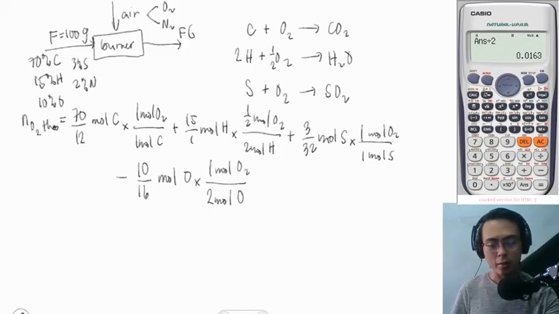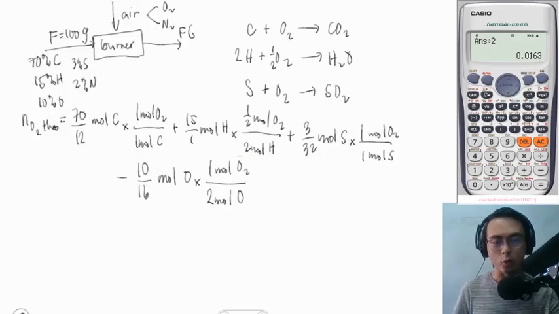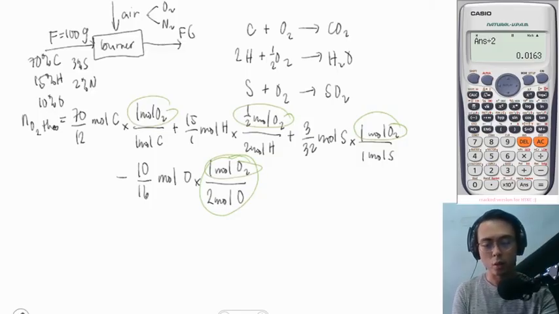This is the thing that confuses a lot of people. You have to convert from elemental oxygen to gaseous oxygen. So do not forget this conversion. You have to divide by 2. We want everything to be in moles of O2. So if you take a look at our numerators here, it's all moles of O2. Okay? So let's solve.